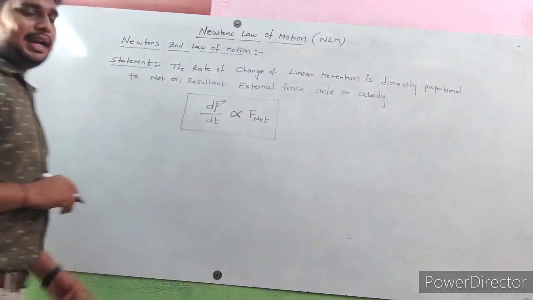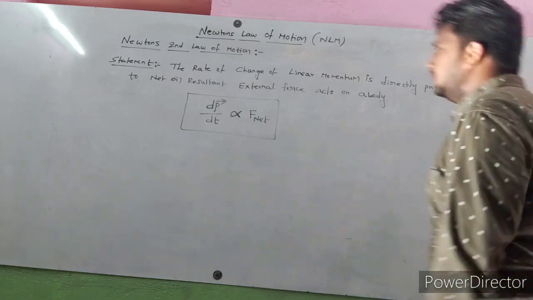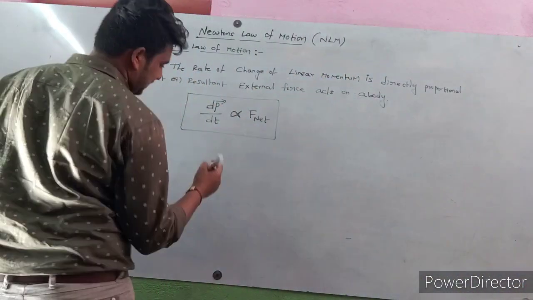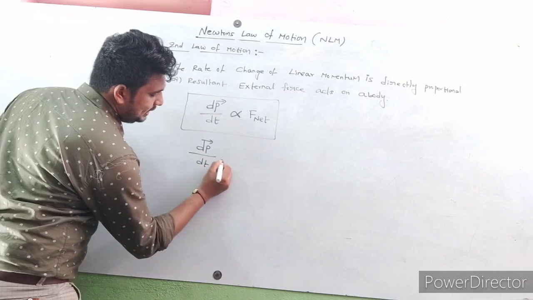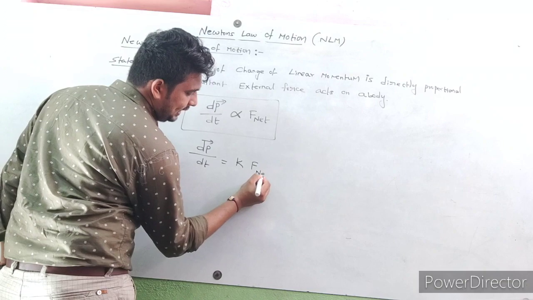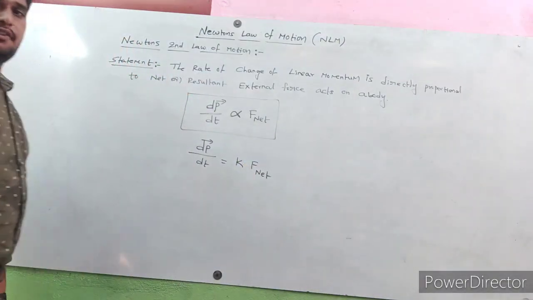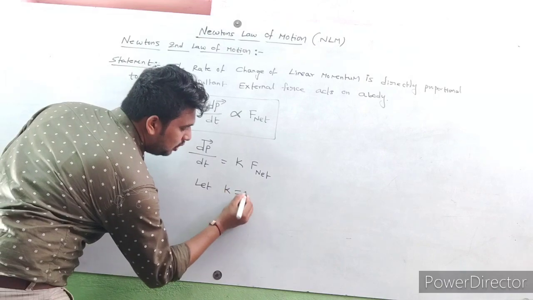While removing the proportionality limit, we place some constant. dp bar by dt is equal to some constant times f net. Let k is equal to 1.